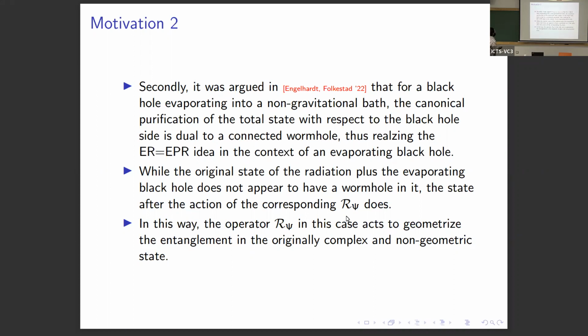But it was argued in a nice paper recently that the canonical purification of this black hole radiation state, from the side of the black hole, has a connected ER equals EPR wormhole in it. We'll see where that wormhole comes from in a little bit. The idea then is that this operator curly R, the reflection operator, in this specific case takes all this entanglement between the black hole and the radiation and geometrizes it into an ER equals EPR wormhole.